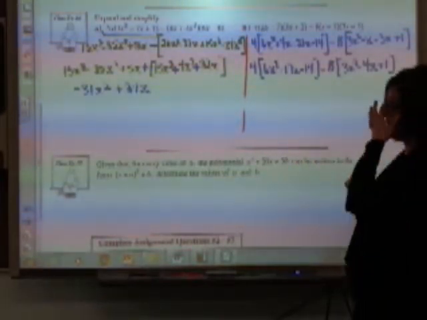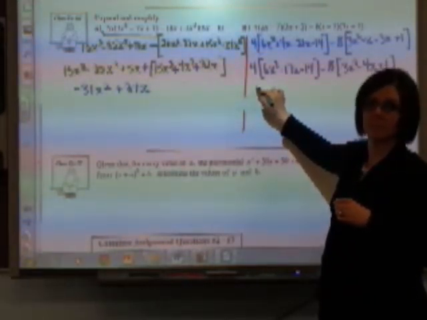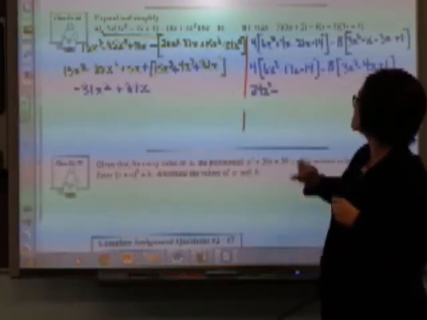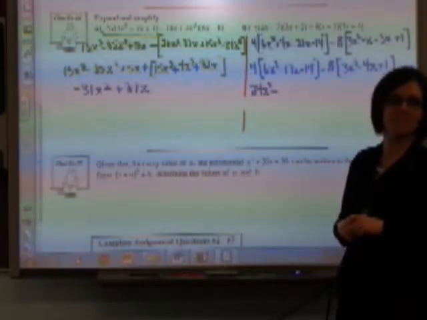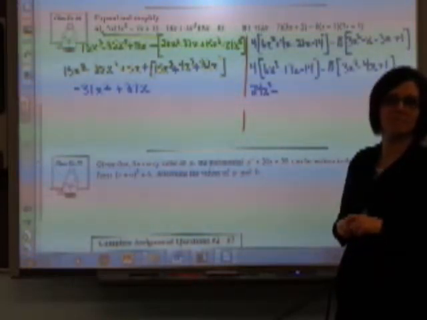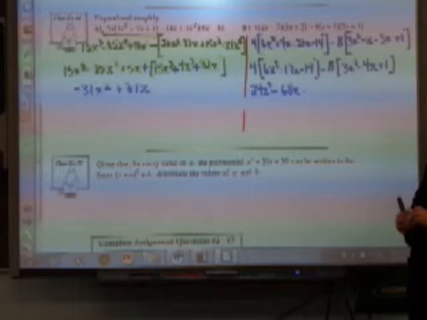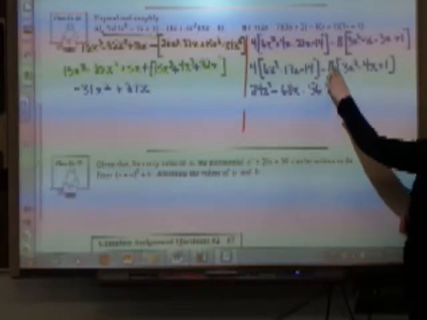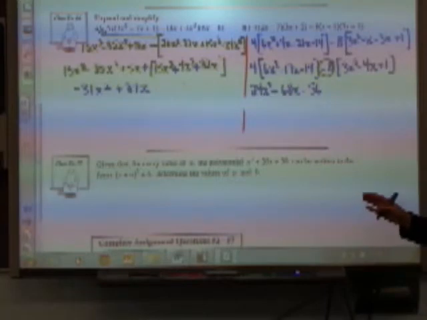And when I multiply everything by 4, I get... and then when I go to multiply this one, I'm going to treat this as a negative 8. And then that's going to get rid of my need for brackets.